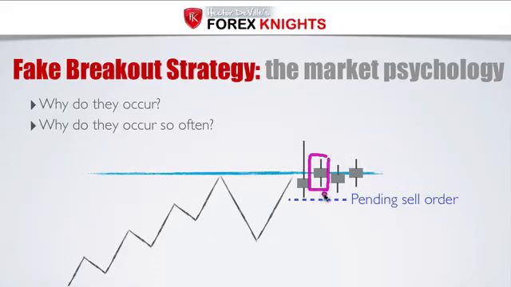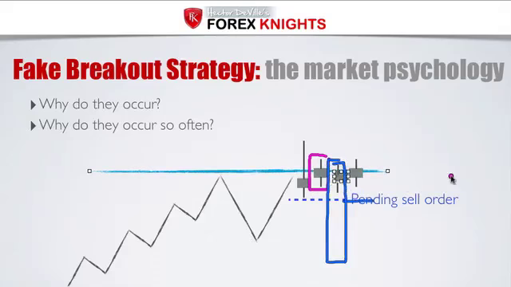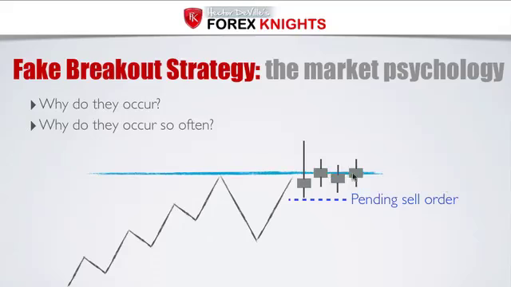If my pending sell order is not triggered on the second candle, sorry about that, I'm messing up my entire thing here, moving the slide presentation. If my order is not triggered by the second candle after the fake breakout, that would be the massive red candle we were talking about before, if that doesn't happen, then I simply go about manually canceling that pending order.